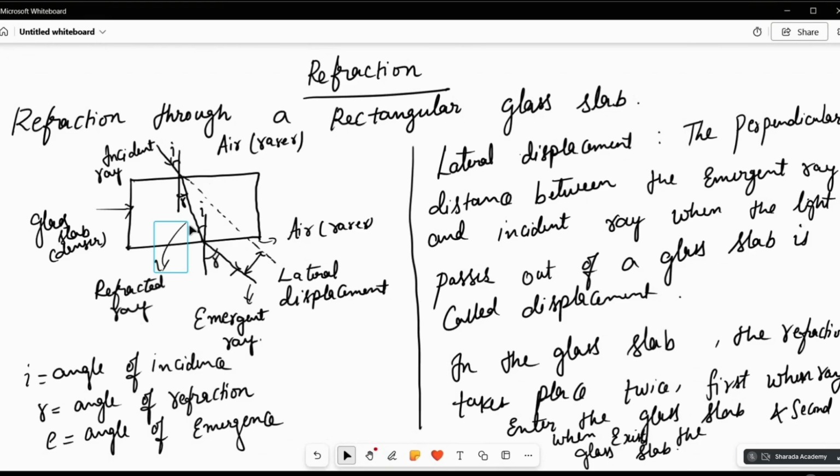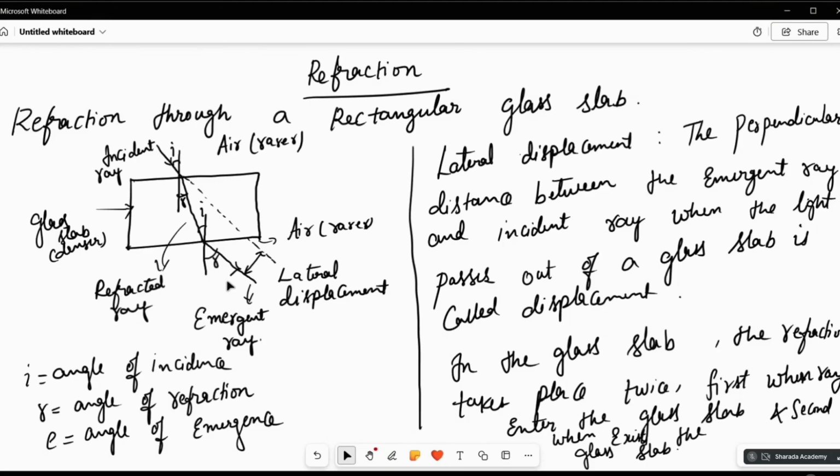Second time, when it is coming out of the glass slab, light moves from the denser medium to the rarer medium, that is from glass to air. So this time, light bends away from the normal. So once it bends towards the normal and the other time it bends away from the normal.